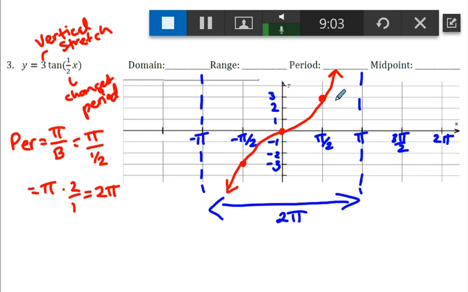Okay, if you're ahead, then you should be working on domain, range, period, and midpoint. We already calculated the period, and my midpoint didn't change. Who wants to take a stab at the domain? Yeah, go ahead.